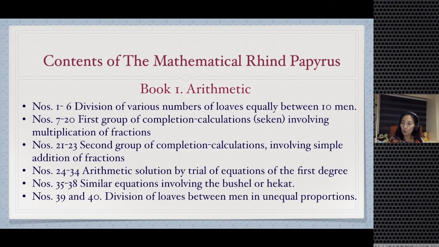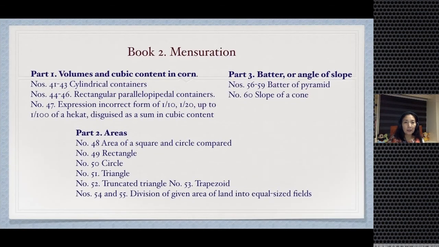Book 2 of the RMP is about mensuration, and there are three parts. Part 1 is about volumes and cubic content in corn. Part 2 is about areas, and part 3 about batter or angle of slope.